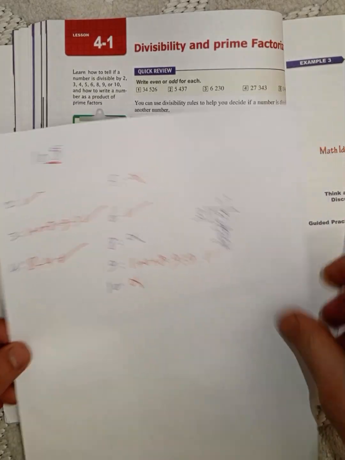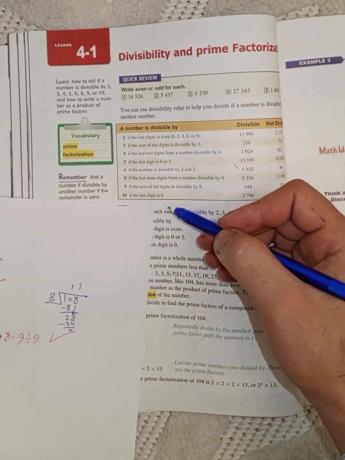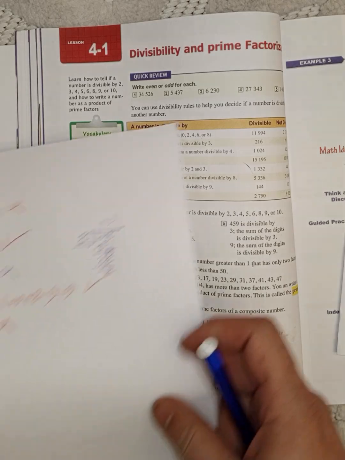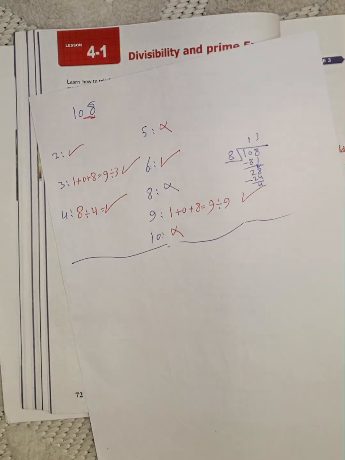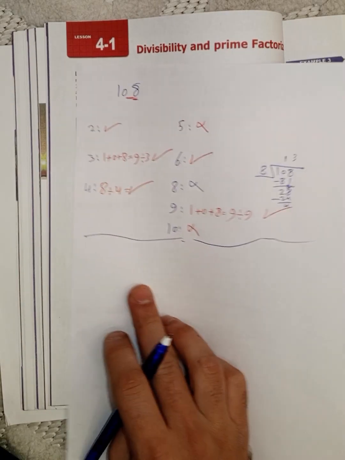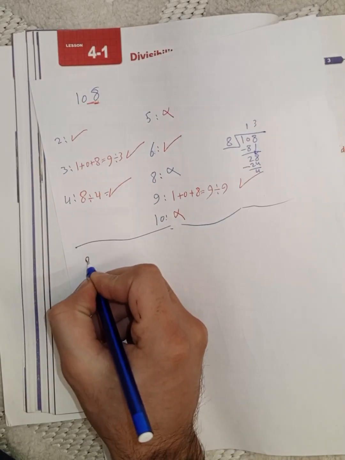This is the explanation of the whole table of divisibility rules for each number. No need to memorize, just understand it. Okay, now we have to study prime numbers.